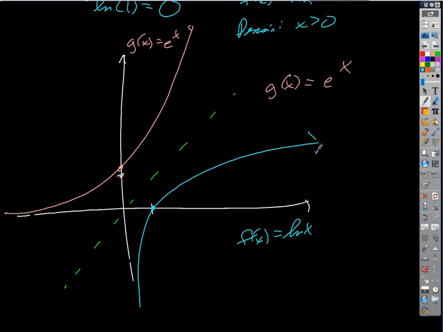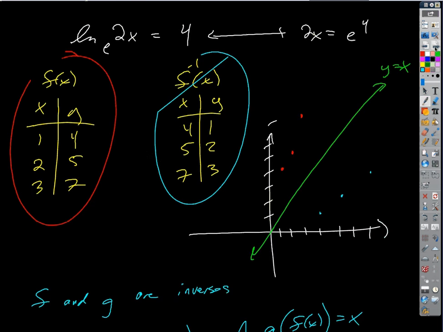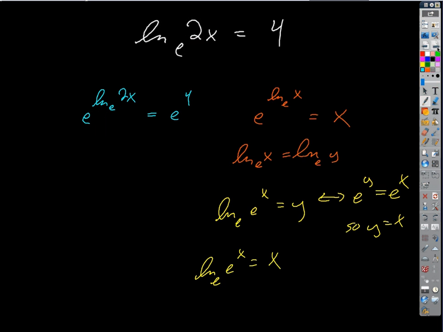Okay, so how does this relate to calculus? Very strongly. Here's how this relates to calculus. It turns out that the actual definition of the natural log function is this. The real definition: the natural log of x is equal to an area function.